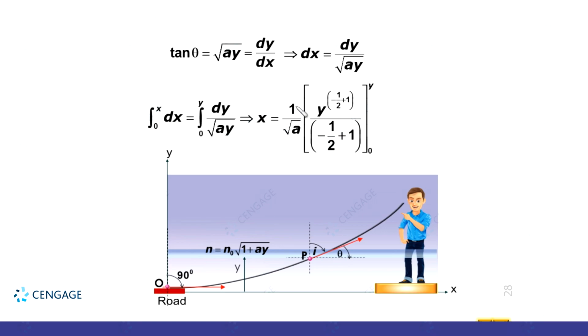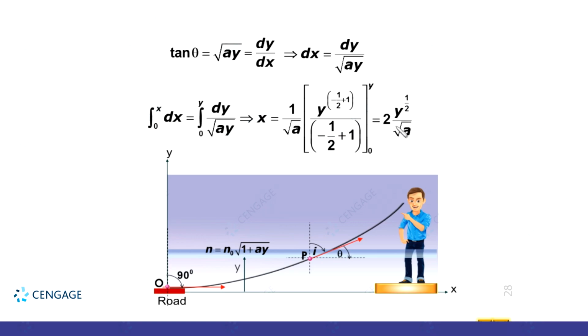So the integration will be equal to 1 by root a, and y to the power minus 1 by 2 plus 1 divided by minus 1 by 2 plus 1. After solving, 1 by 2 is the denominator, so we get 2 divided by root a, and y to the power 1 by 2, right?